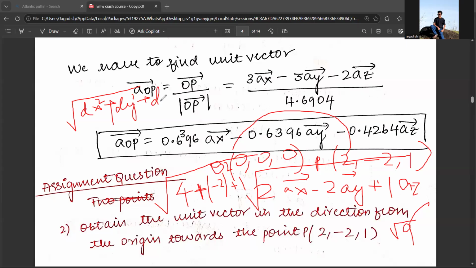According to the formula, it is always plus. Whatever is in dy, you have to substitute it. If it is minus 2 here, you have to put minus 2 the whole square, and the plus continues. Understood? Okay, sir. Here 2 square, here minus 2 the whole square, plus 1 the whole square. What do you get? Root 9. 2 square is 4 plus minus 2 the whole square is 4 plus 1, which is root 9. What is the root 9 value? 3.